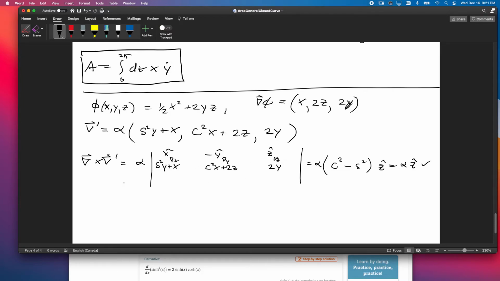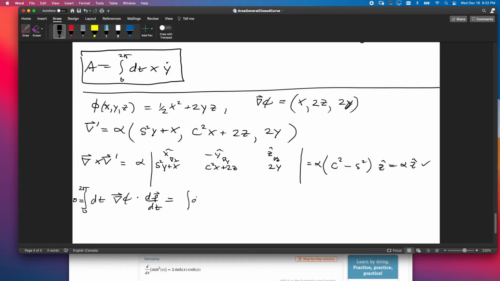Good. Now we have to check that the integral from 0 to 2 pi of dt phi dot d rho by dt is equal to 0. So this should be equal to 0.